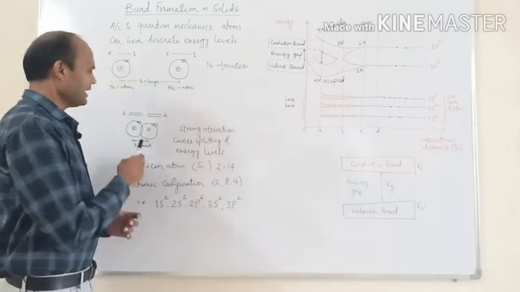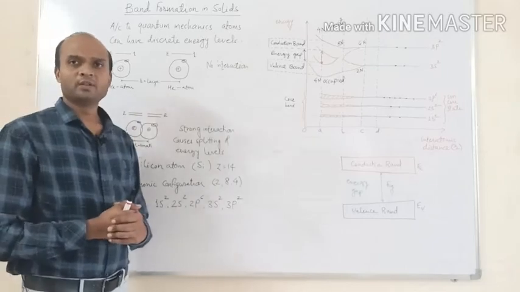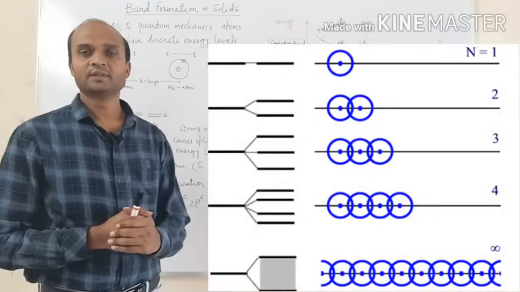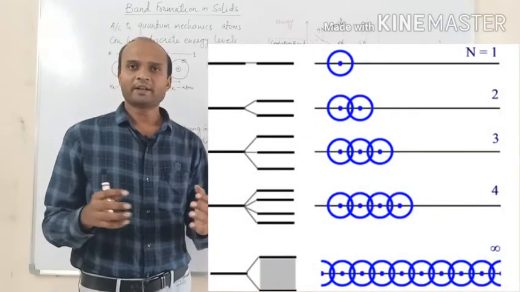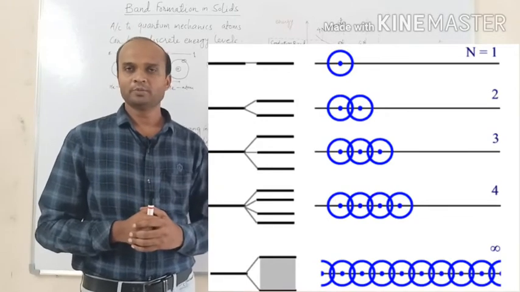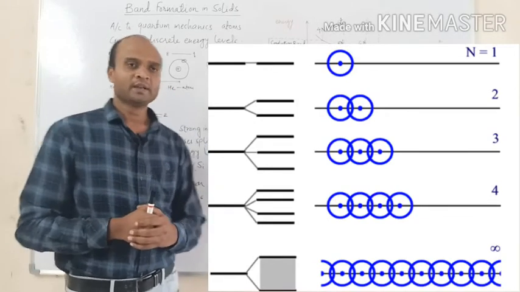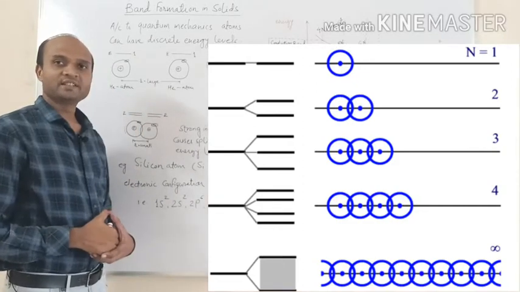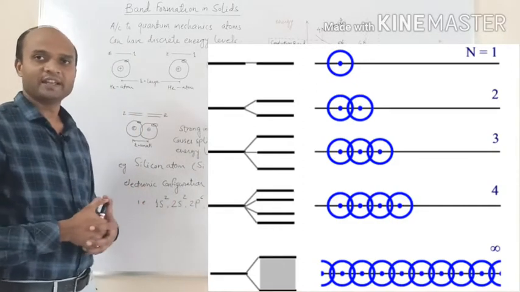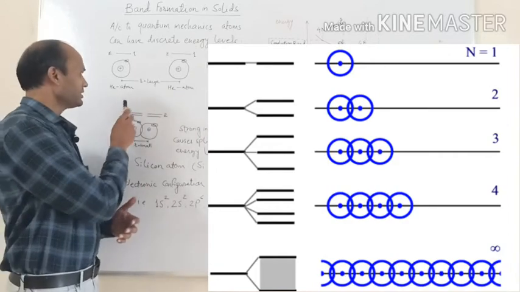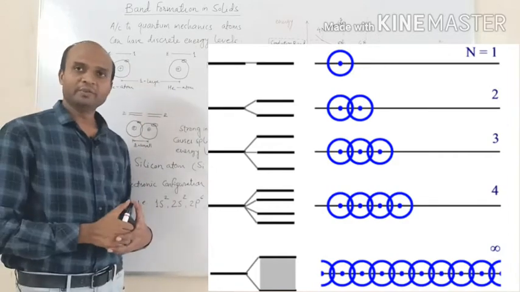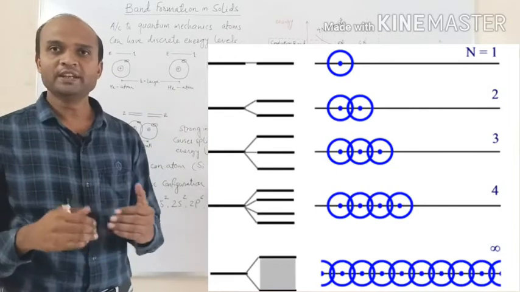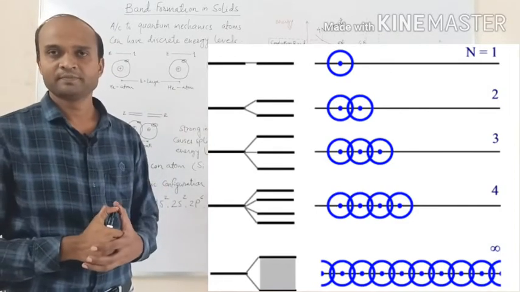Now, as we know, a solid consists of billions of atoms. Billions of atoms are present in a very small volume, and that's why there is a strong interaction between these billions of atoms, and hence a single energy level will be split into billions of energy levels.